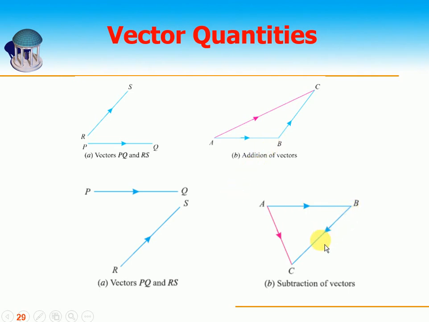So we plot the same vector, equal in length to the given vector BC, but only in the opposite direction. Again it is added by the head to tail rule, and this pink colored AC is the resultant. I can say it's AB minus BC, which is basically AB plus the negative of the vector BC. So subtraction of a vector is simply addition, but we take the negative of that vector which is being subtracted. I hope this is clear.